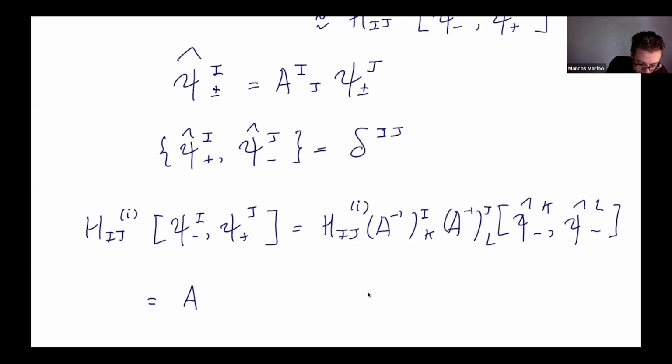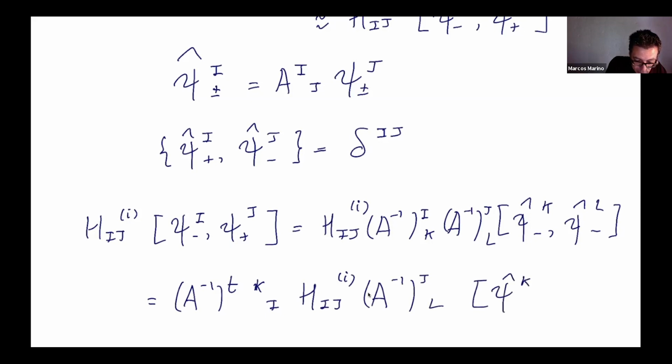And then if you see the structure of this, you have here A minus 1 transpose, k i, H i j, times A minus 1 j l, and then we have psi minus psi plus.